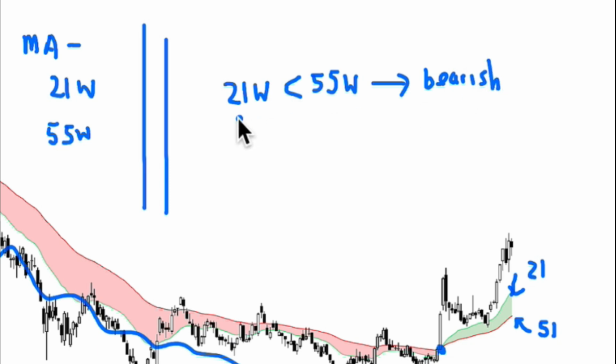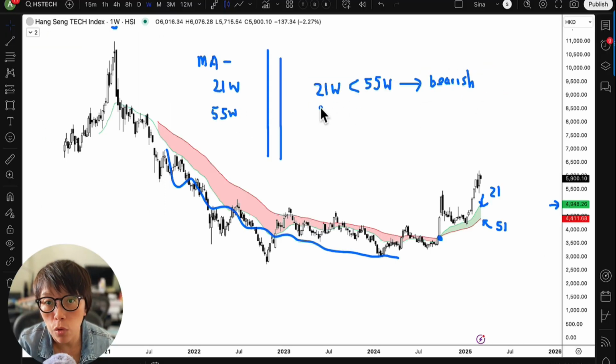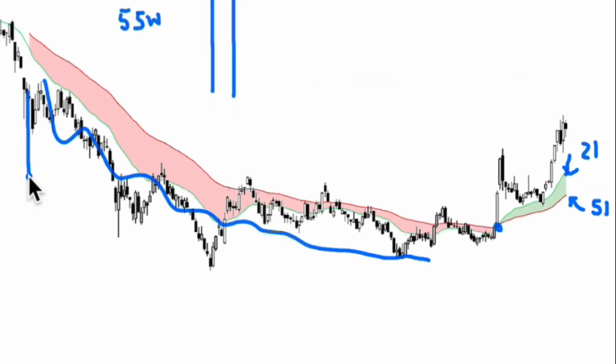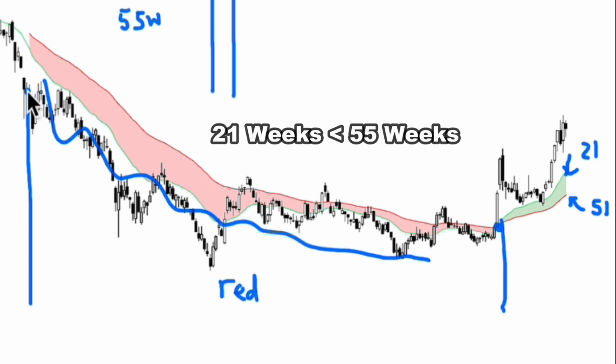It means that the recent price given by the 21-week is less than the average price of the 55 weeks. I represent this using a red color. Likewise, during this period, the moving average is red because the 21-week, the shorter-term moving average, is less than the 55-week.